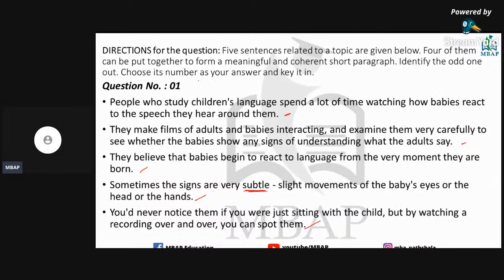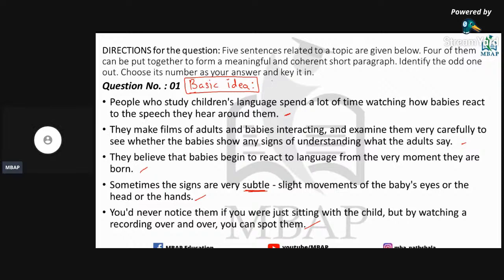Guys, first thing, after reading the five sentences, I want all of you to develop a basic idea of the given context. I am pretty sure that you must have been able to get a basic idea of the entire context, right?